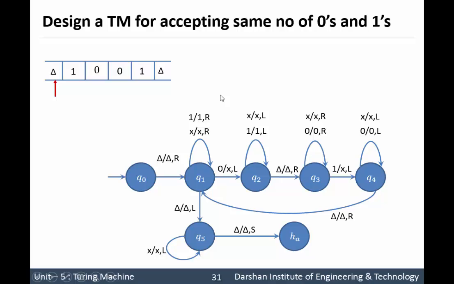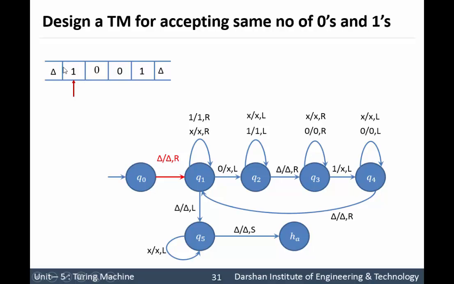Now let us convert this logic into the Turing machine. For example, we have 1 0 0 1 on our tape and the tape head is pointing to the delta. As we know, delta is not part of our input string, so no need to process this delta. Just bypass this delta. So delta will be replaced with delta and move to the right direction.